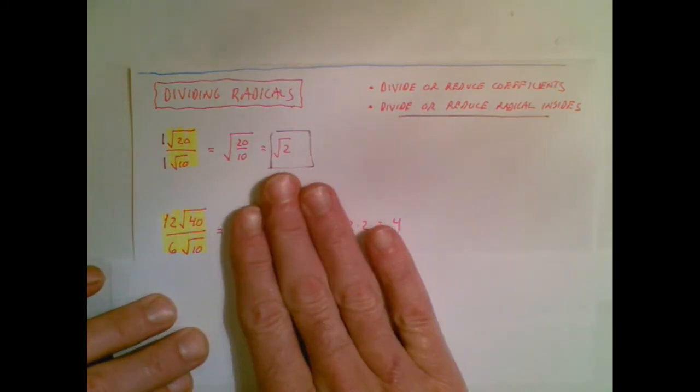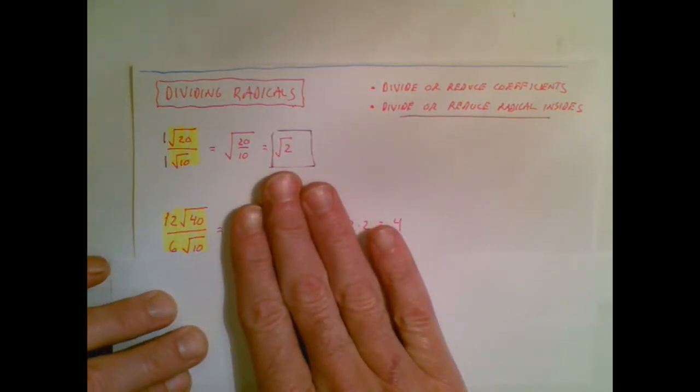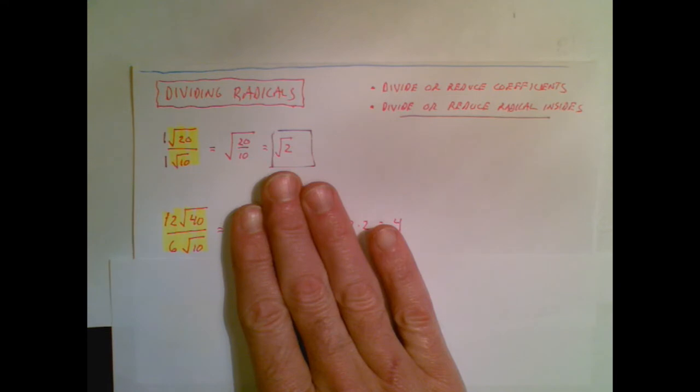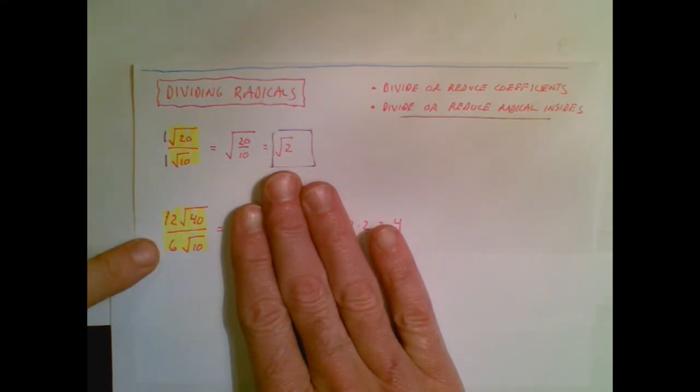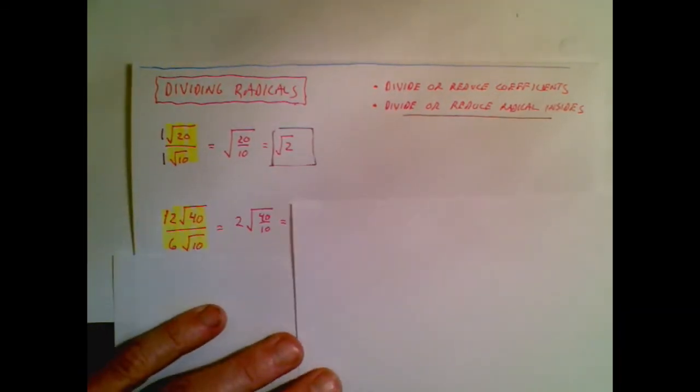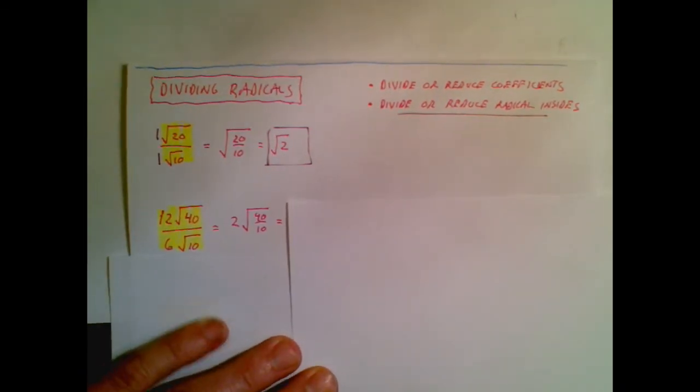Don't look there yet. So I look at this problem and I say, oh, I've got coefficients on the outside. Well, 12 over 6 reduces to a 2 over 1. Now I have a 40 and a 10 in radicals, so I need to think about that. And when I do this, there's a good first step.